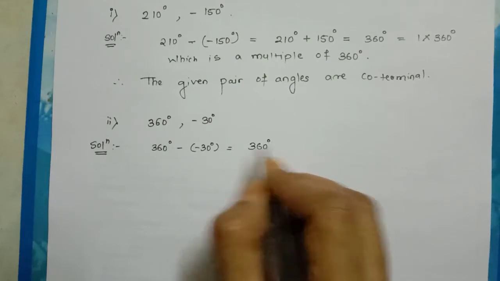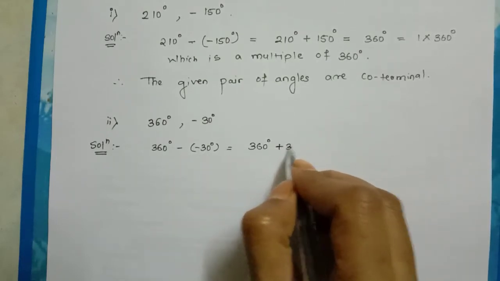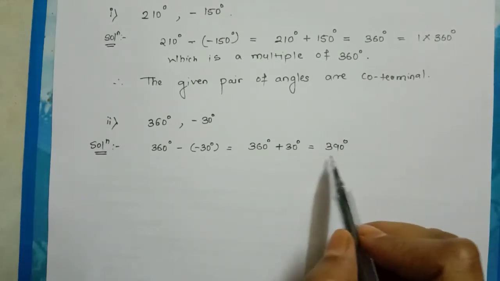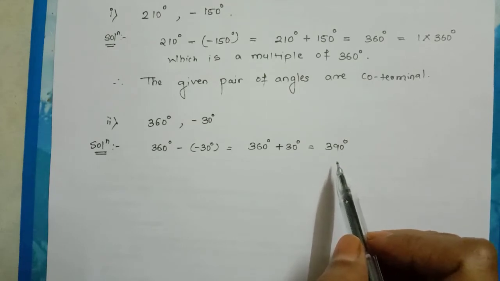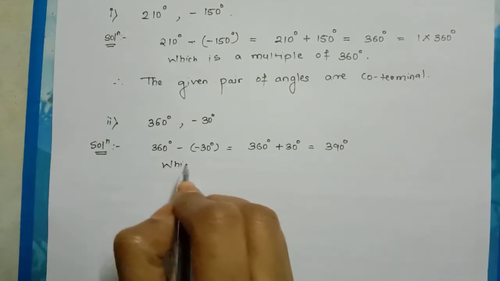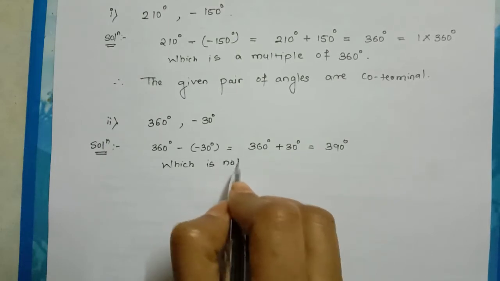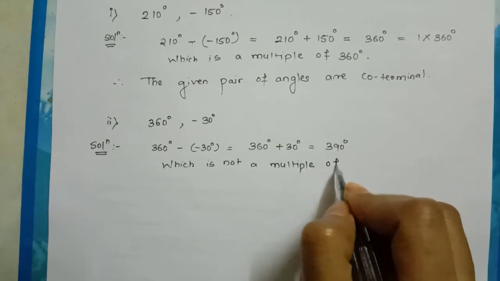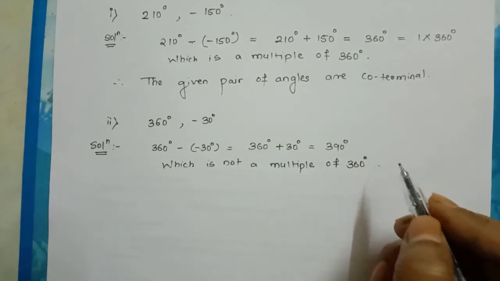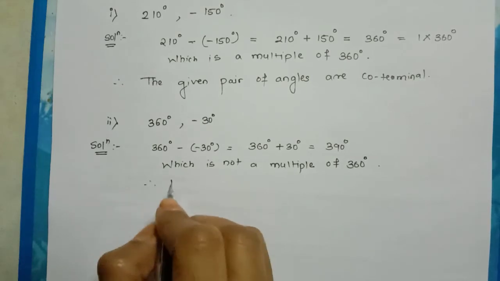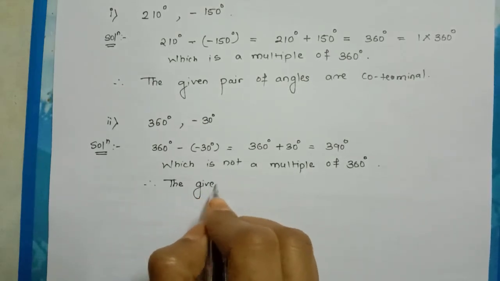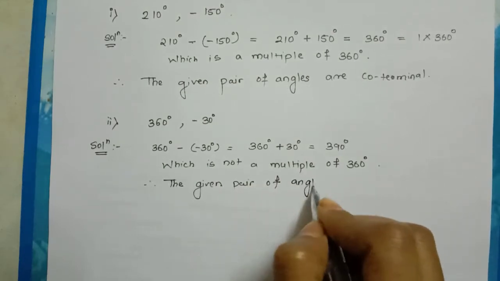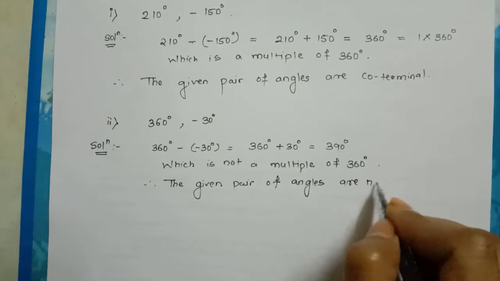So 360 degree minus of minus will be plus 30 degree, which is nothing but 390 degree. Now this 390 is not a multiple of 360, correct? So the final answer will be, therefore the given pair of angles are not coterminal.